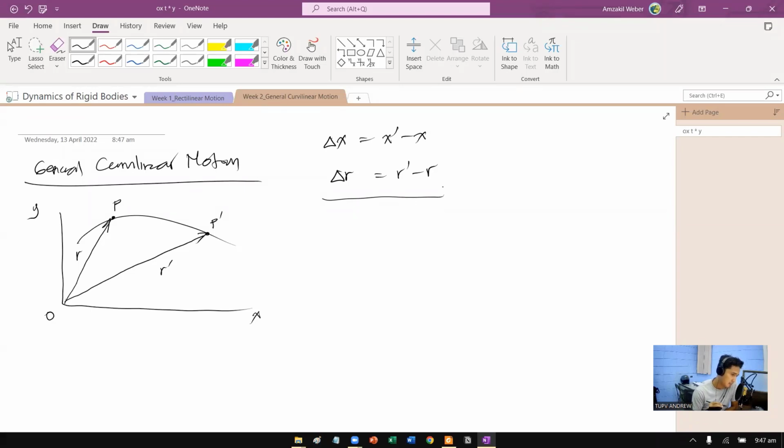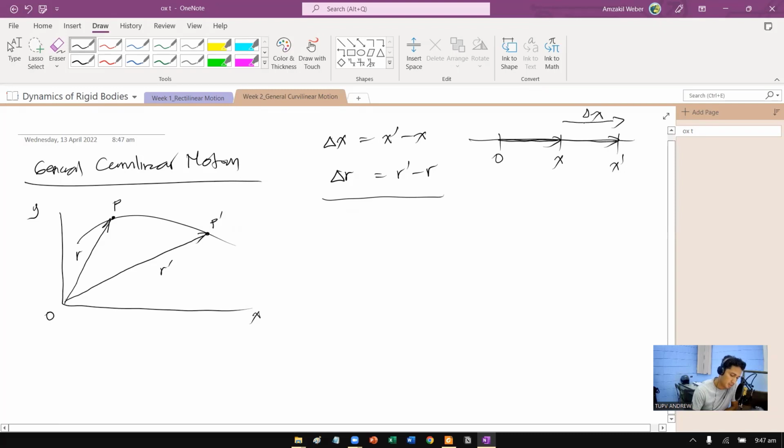And this is what it looks like in the previous case. If this is our origin, this is our initial x, this is our final x prime. The minus of that is this, our Δx. In this case, our vectors overlap because it is uni-axis. Now, it forms a triangle.